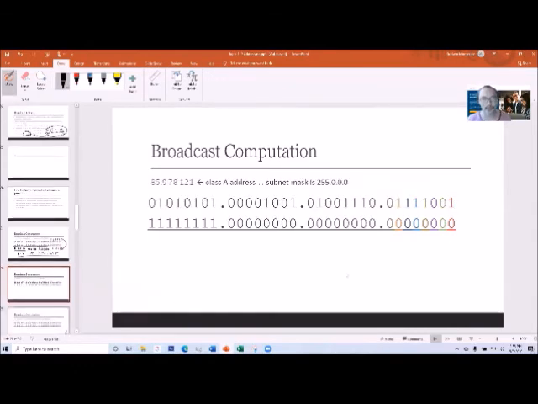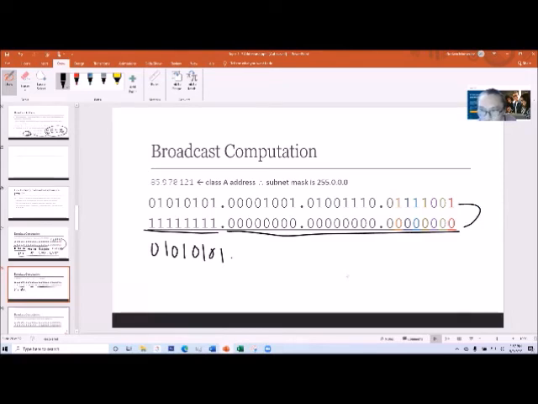Next, we go to the process. If the subnet mask bits are all ones, just copy the IP address octet. In this case, these are ones, so we'll just copy the IP: 01010101 dot. Since the subnet mask bits are not ones, you are going to convert all of these IP bits to become 1.